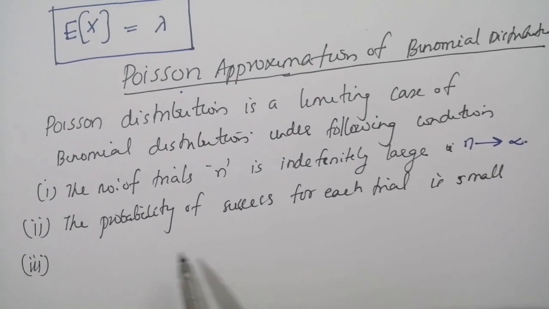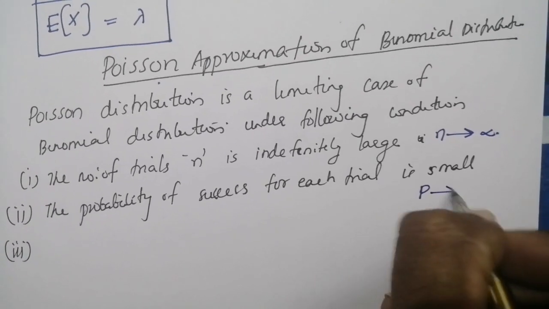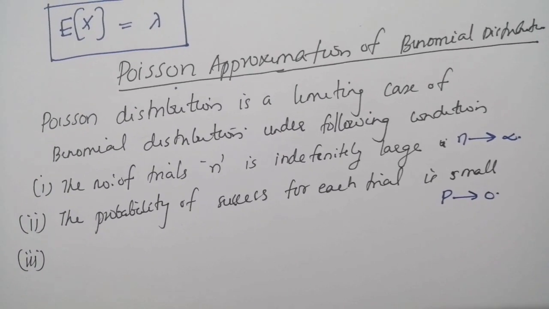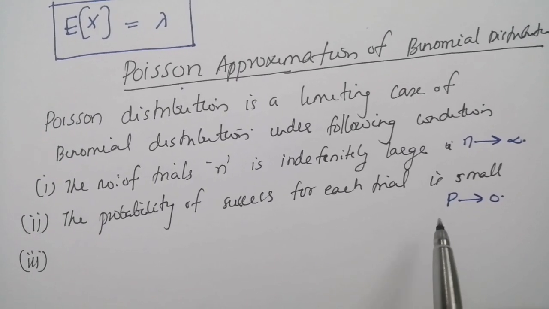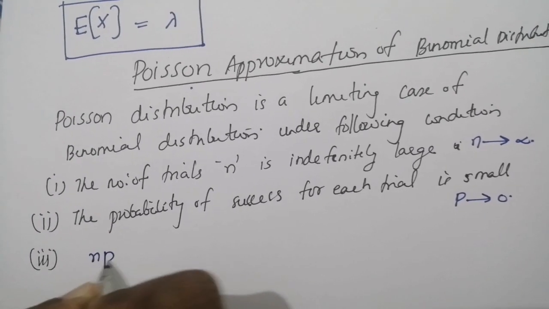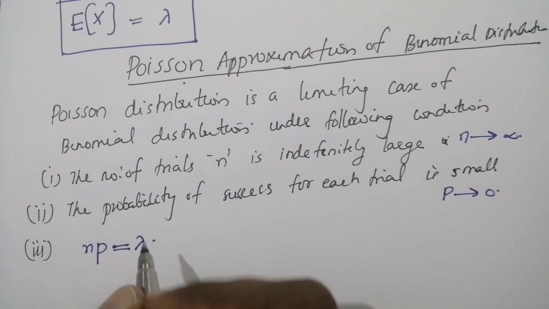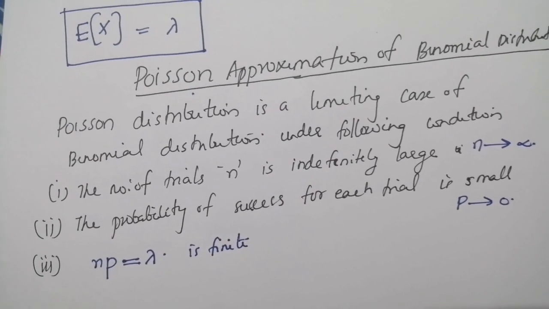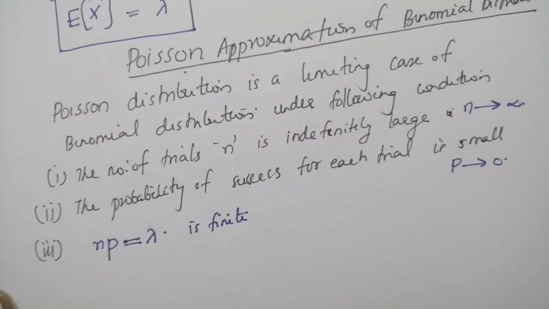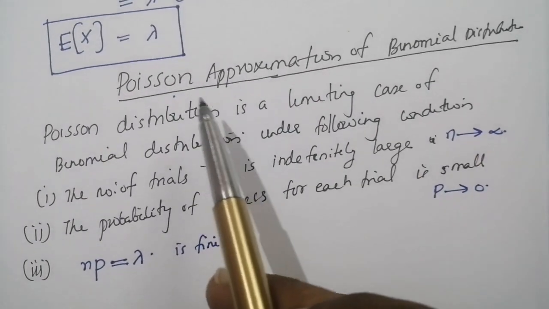Second, the probability of success for each trial is small, that is p tends to 0. And third, the product of the number of trials and the probability of success, np, should be a constant and finite. So if these three conditions are satisfied, we can approximate the binomial distribution as Poisson distribution.